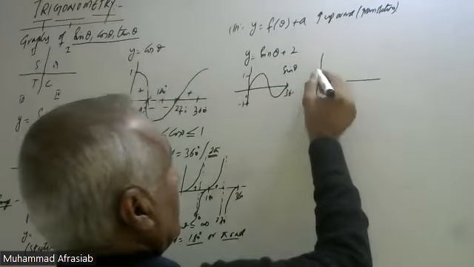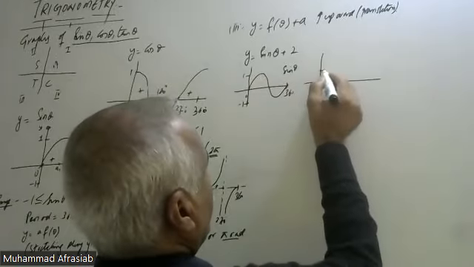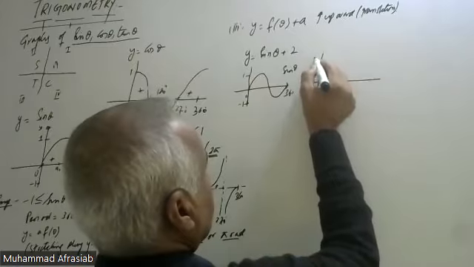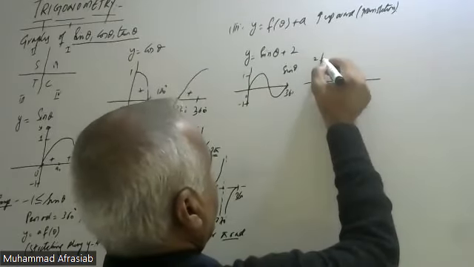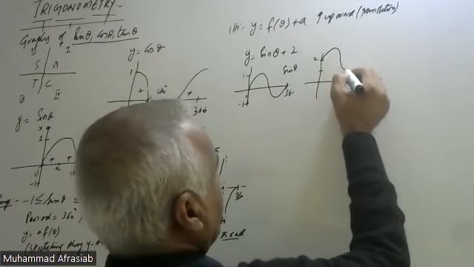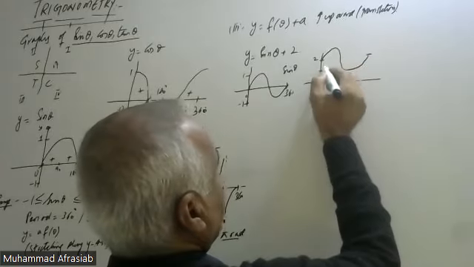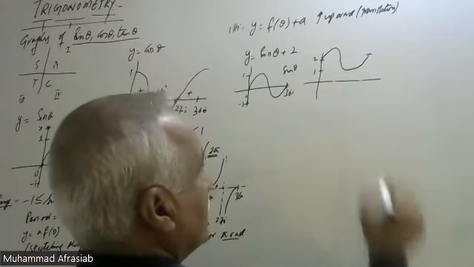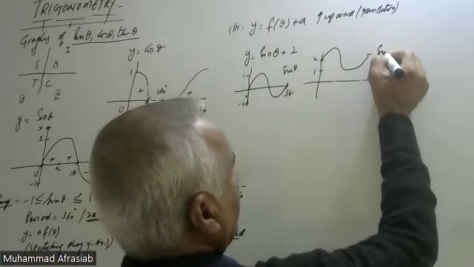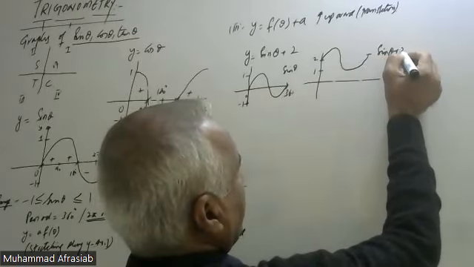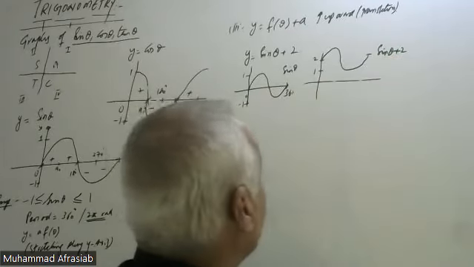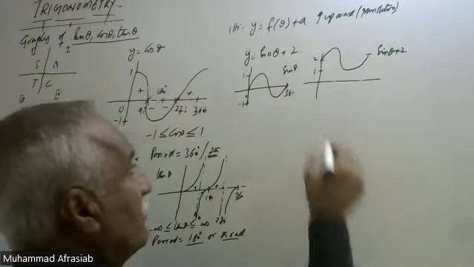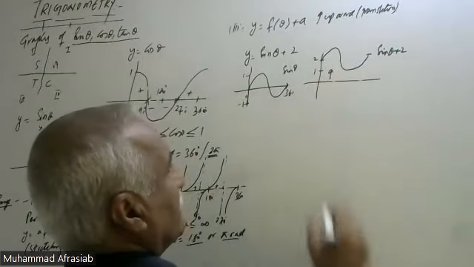So for this 0 value, it will become 2, and this is 2 units, it is going to go upward for that portion there. So this will become sine of theta plus 2. 2 units is moved upward there.